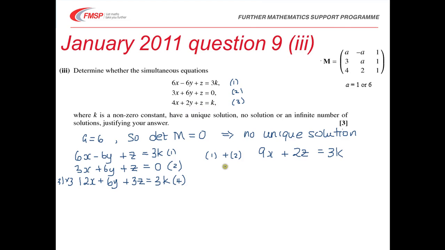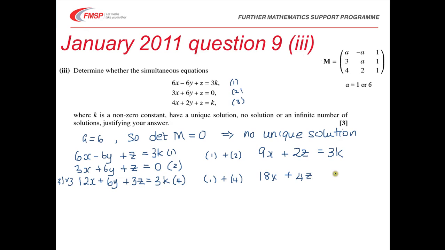The advantage of doing that is now I can add the first equation and the fourth equation, and I'll get 6x plus 12x, which is 18x. The y terms will again disappear. We've eliminated them, and then we'll get z plus 3z, which is 4z.